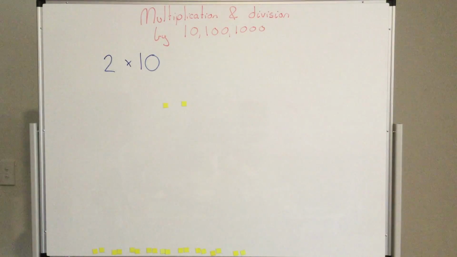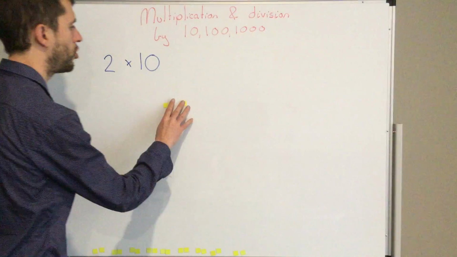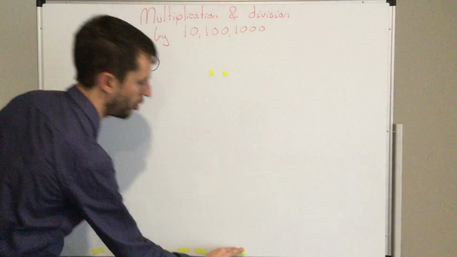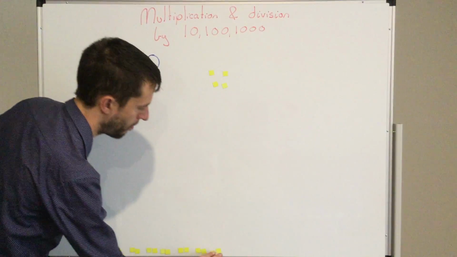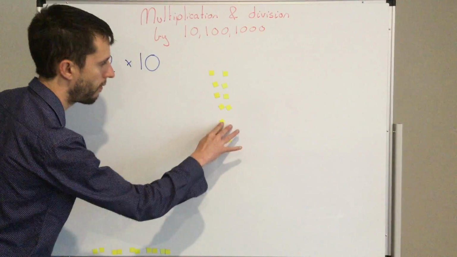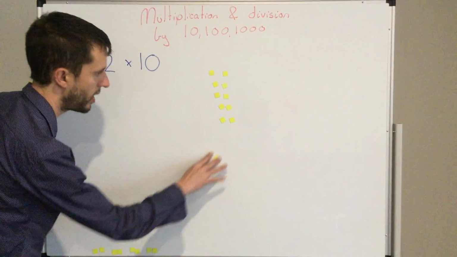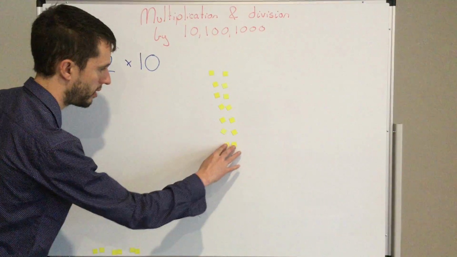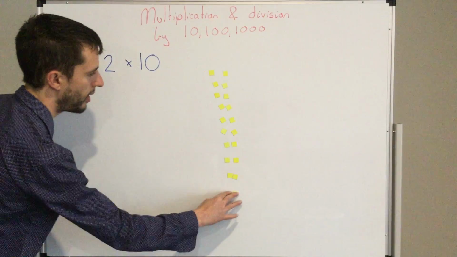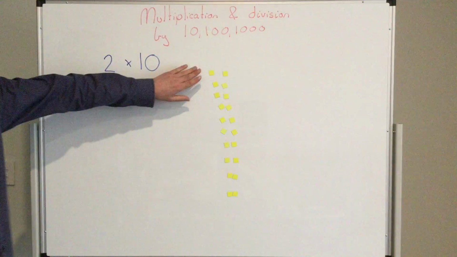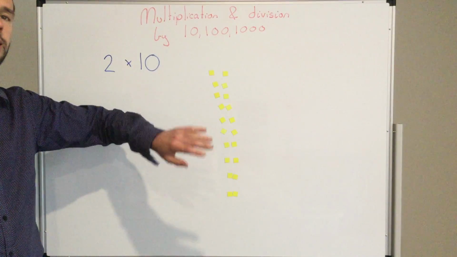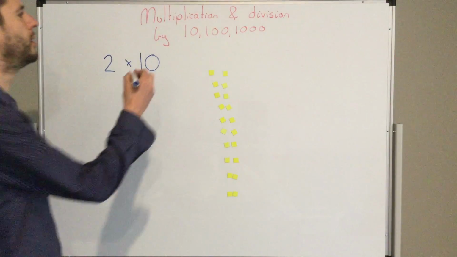If I'm multiplying it by 10, that means I've got 2 here, and I want 10 lots of 2. 2, 3, 4, 5, 6, 7, 8, 9, 10. So 2 times 10 is 2, 4, 6, 8, 10, 12, 14, 16, 18, and it's 20.